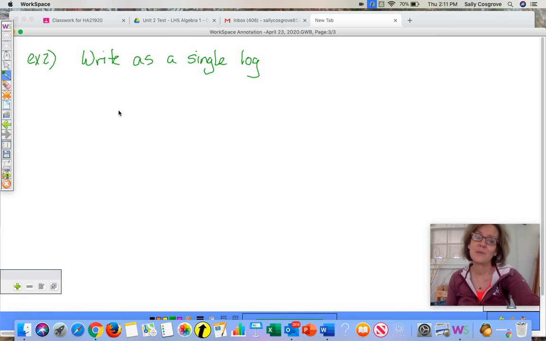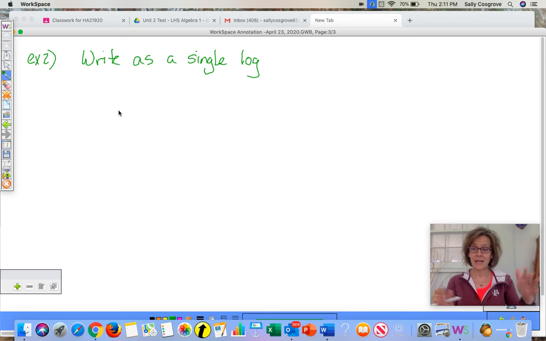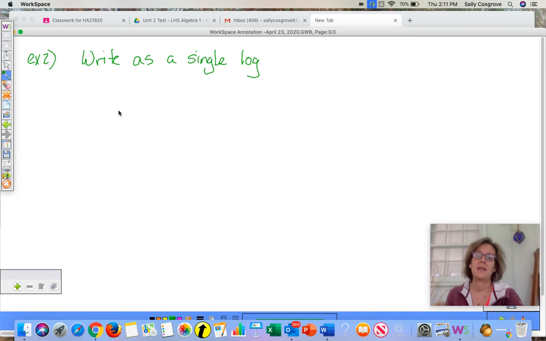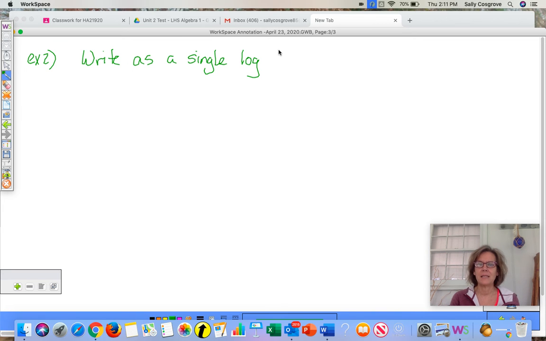We won't be expanding if we are trying to write it as a single log. We're going to be taking all those properties and then using them to go from multiple things to one thing. And so we would call that condensing. Alrighty. So let's just get started.